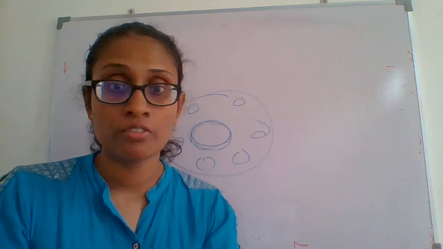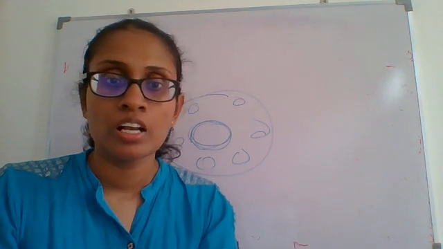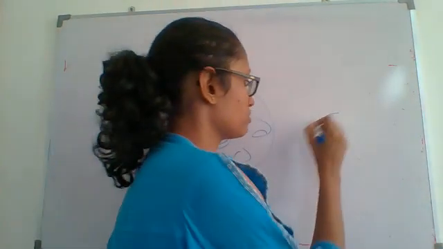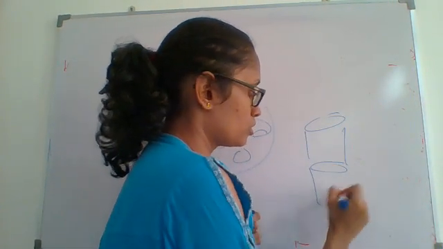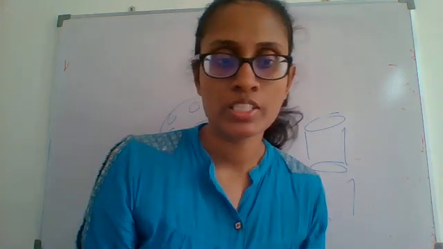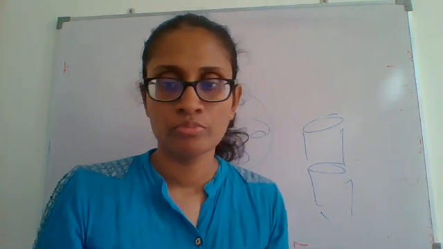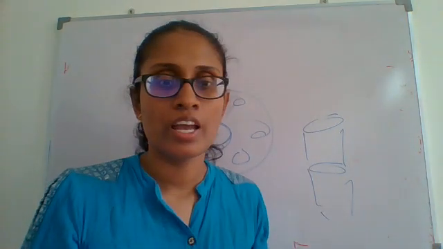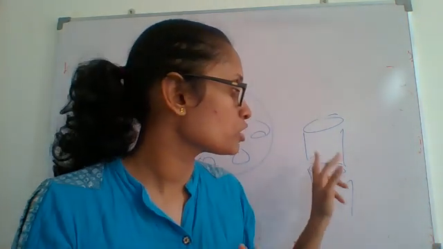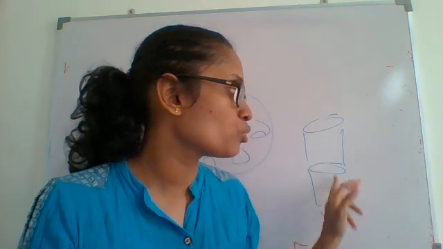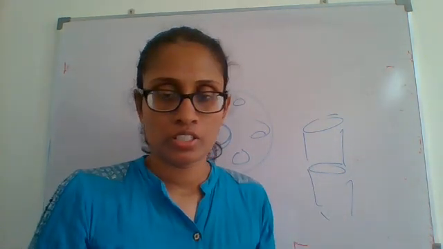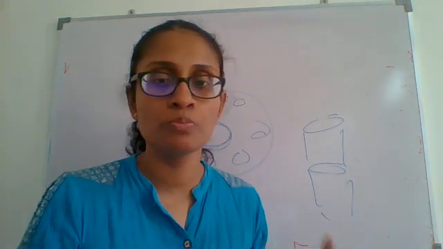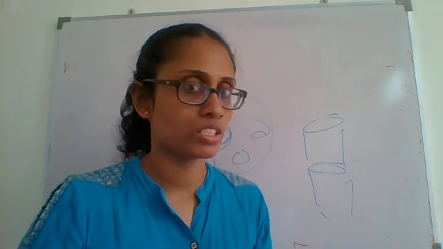One is the vessels. The vessels stack on top of one another, and the cross walls between two of these vessels have been dissolved in order to form a continuous xylem vessel, right?